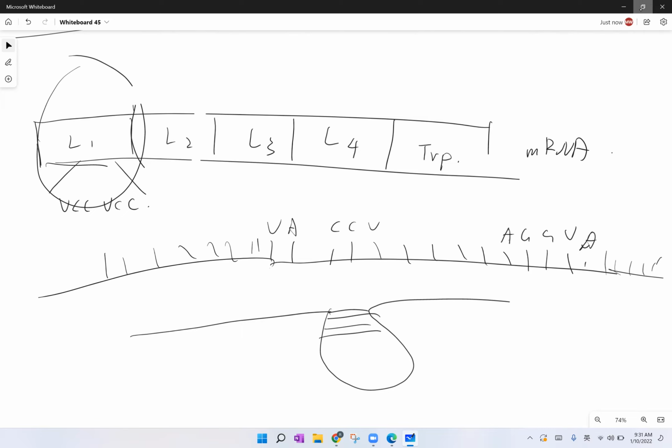Explain it to me. Simultaneously, why? Why don't our transcription and translation happen simultaneously? Because we have membrane organelles. That's the point of having a nucleus membrane in our body. Okay? The nucleus membrane segregates two different environments.